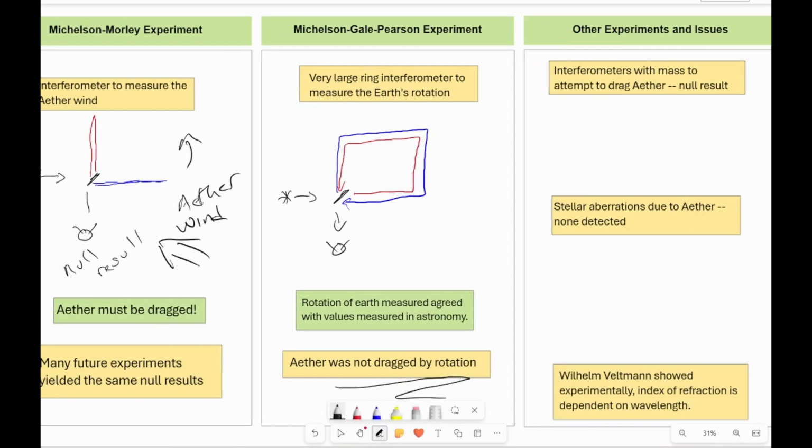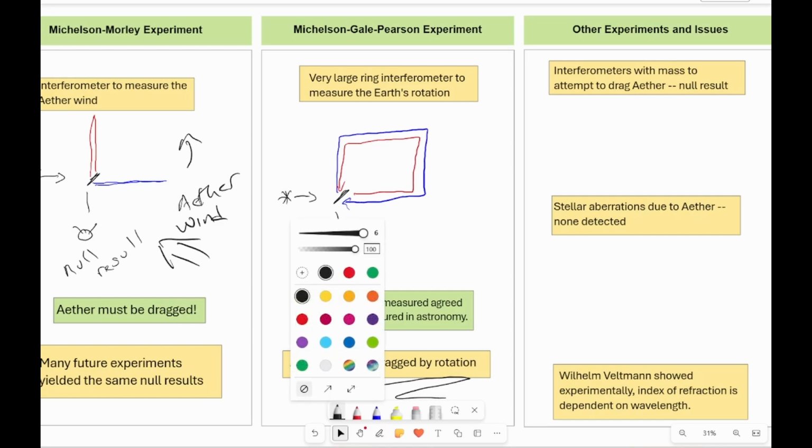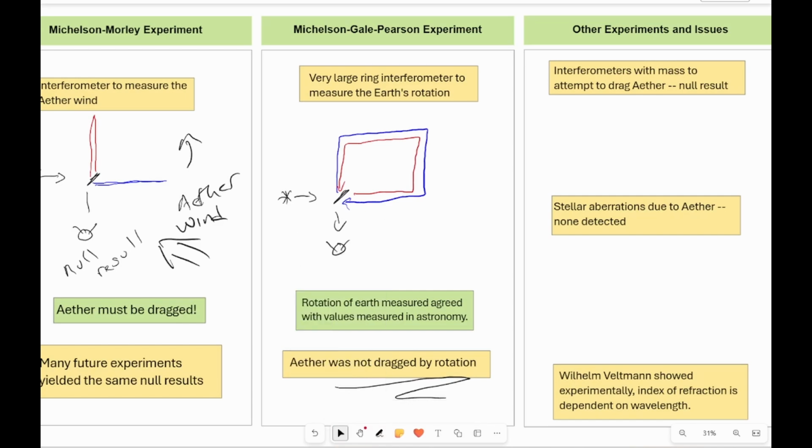Some of the other experiments we did were another interferometer, and they would add some masses maybe around one leg.